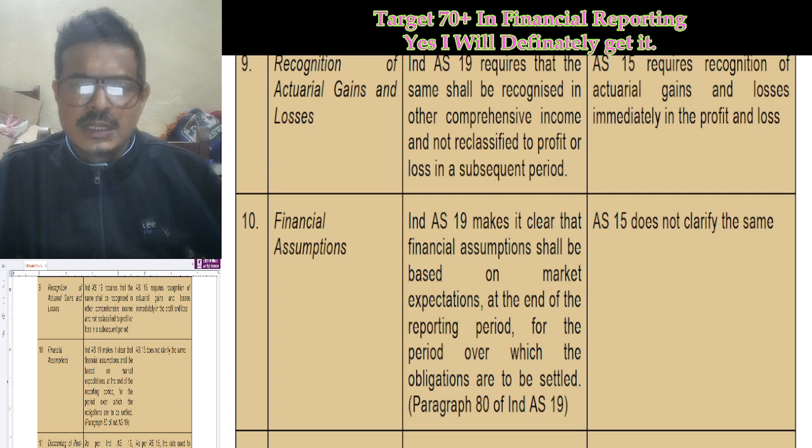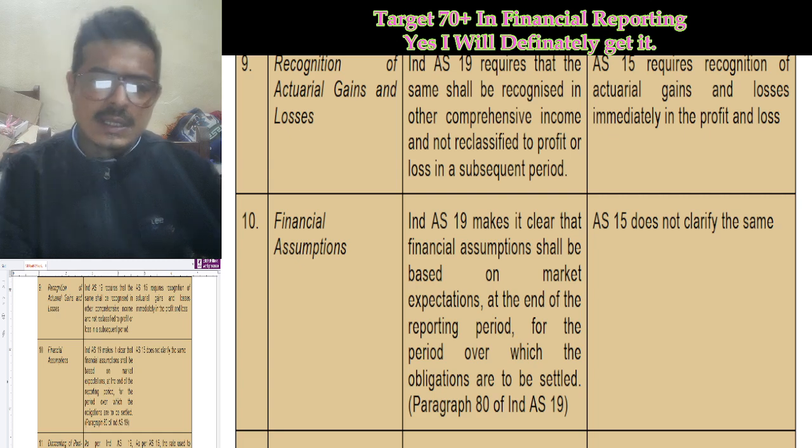Ind AS 19 makes it clear that the financial assumptions shall be based on market expectations at the end of the reporting period for the period over which the obligations are to be settled. Para 80 of Ind AS 19. AS 15 does not clarify the same.